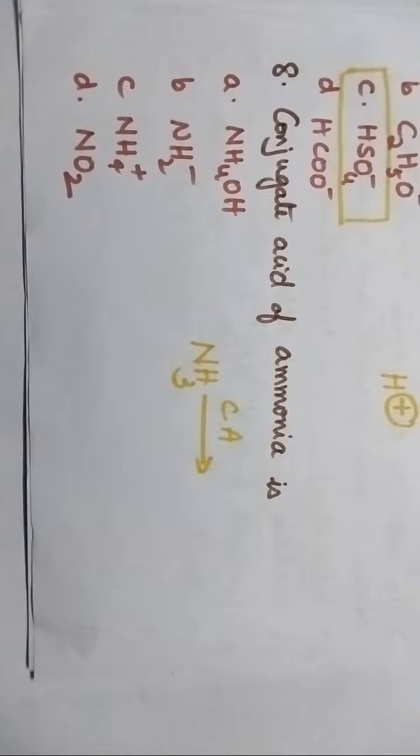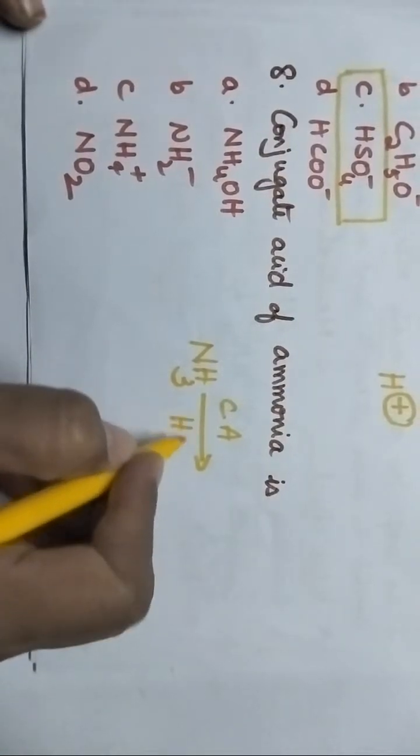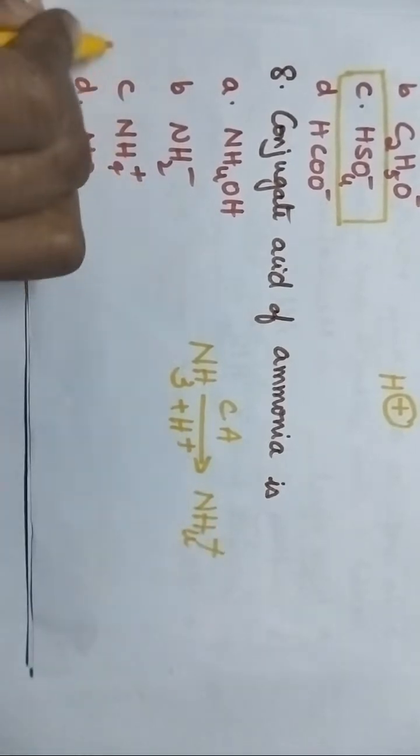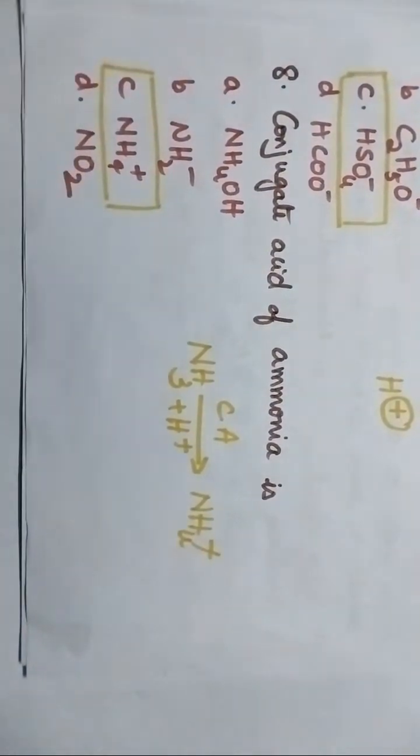Ramadurga, very good. Swati, very good. Suhani, check your answer. Very good. Conjugate acid means you are supposed to add a proton, then it becomes NH4 plus. So option C is the right answer.